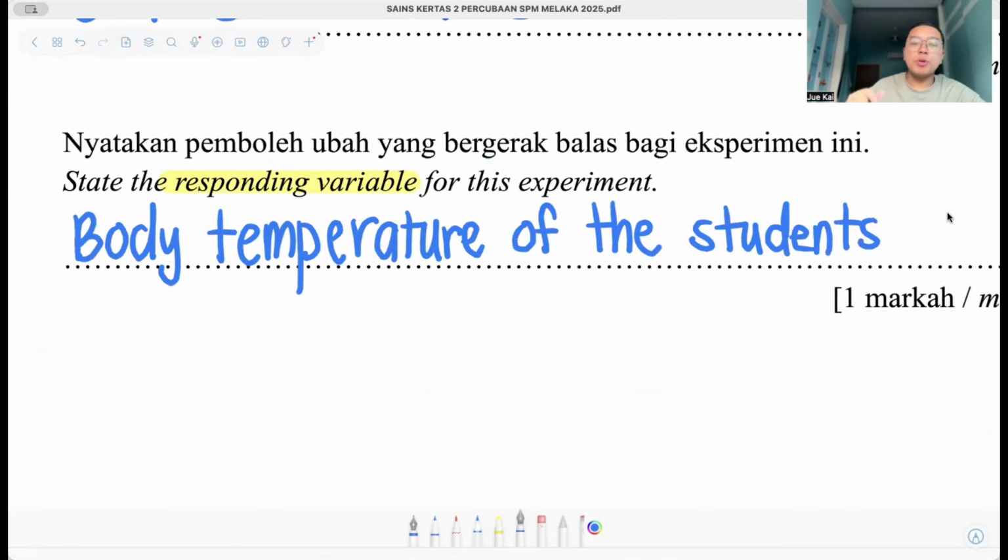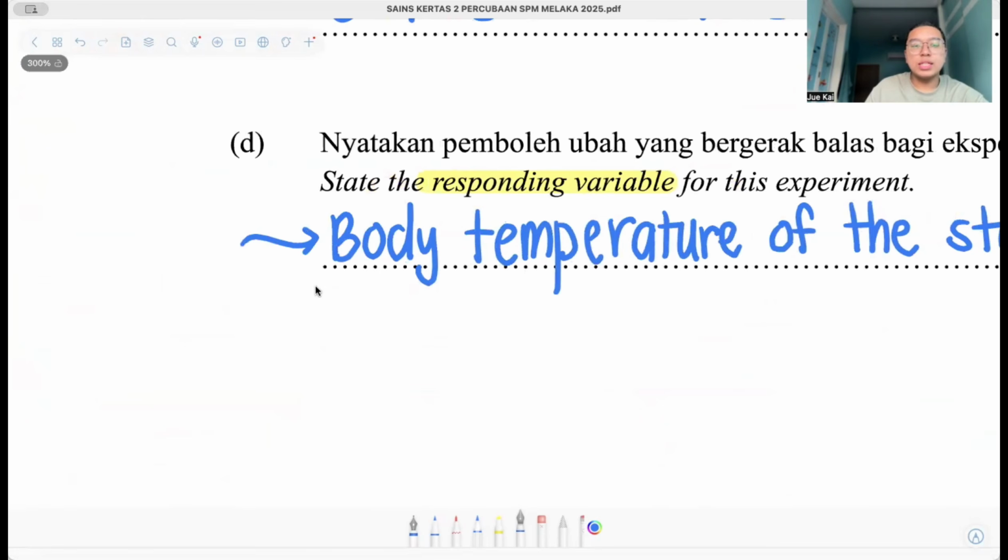Okay, if you're afraid, you're not confident with this answer, it's okay. I already told you, responding variables provide you reading. You can refer to the reading, the recording, the thing that you measured, the result. Just refer to them.